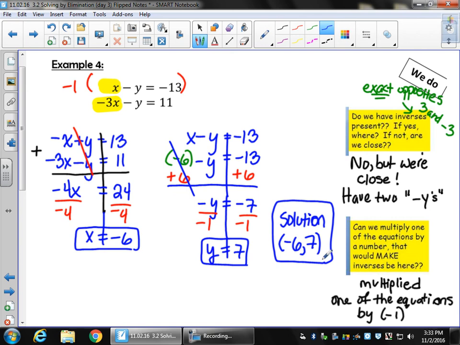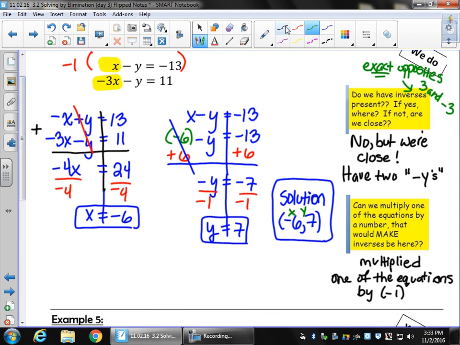Let's say I wasn't sure if this was right. Let's run this through a check just in case. So we're going to use this for x and this for y. And remember, we do a check by rewriting our original equations. So check. x minus y equals negative 13.